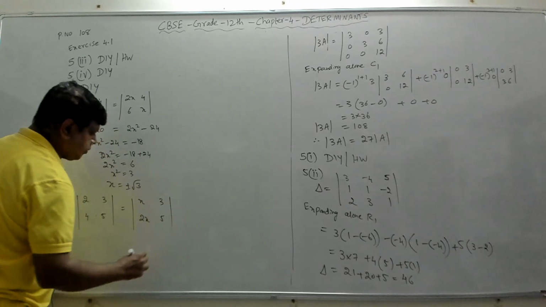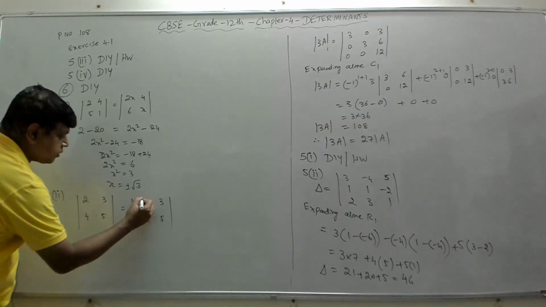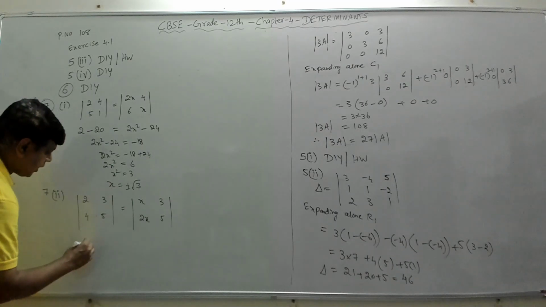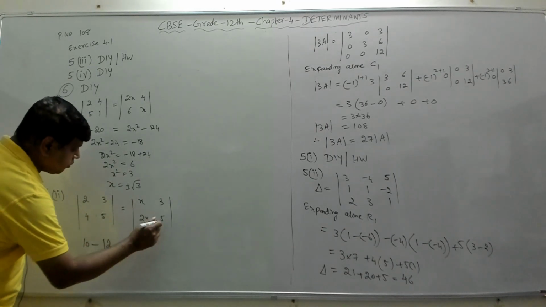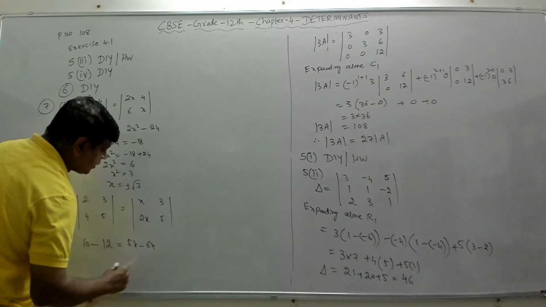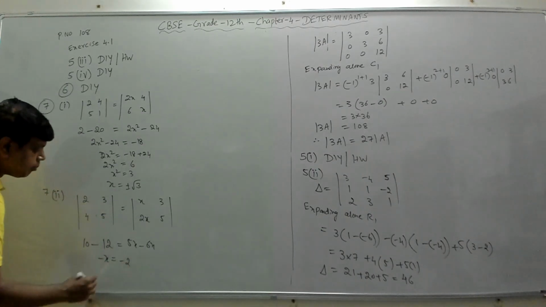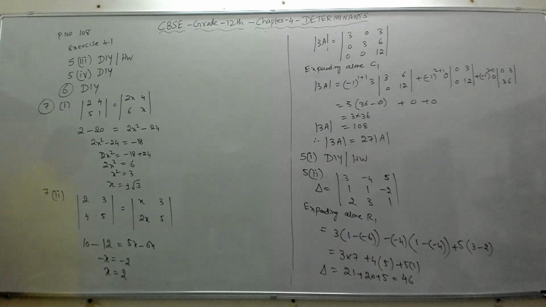We have to find the value of x. Now how do you do this? 2 into 5 is 10, minus 4 into 3 is 12, equal to x into 5 is 5x, minus 2 into 3x is 6x. So you get minus 2 equal to minus x. So you get x is equal to 2. The value of x is 2.